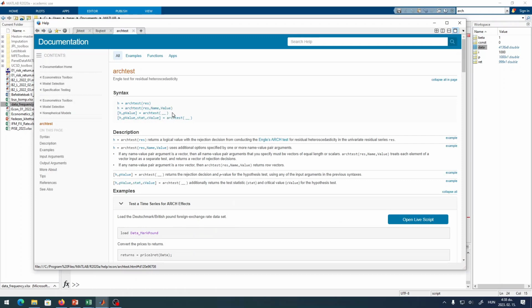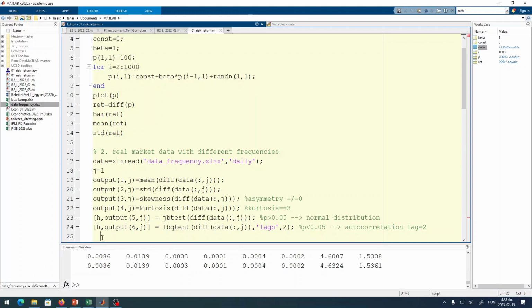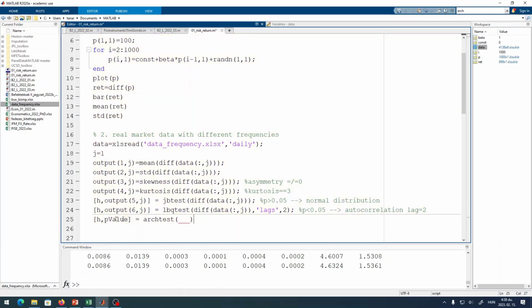ARCH test. And the inside can be completely the same as before.